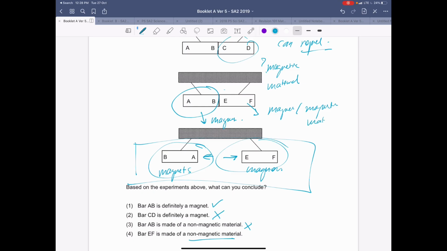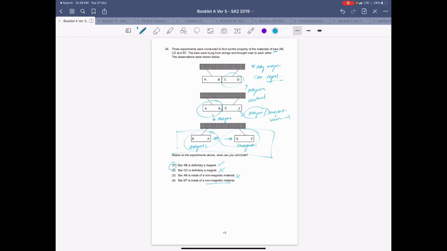Now, if it's a magnet, then for sure it is also made up of magnetic material, correct? So in that case, that leaves you with one for sure, and that's how you do your elimination. Okay, for this type of question, be very careful.